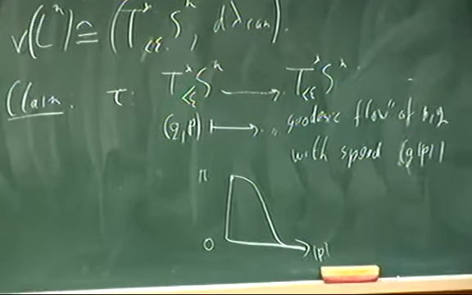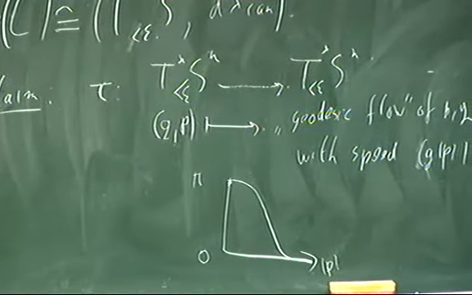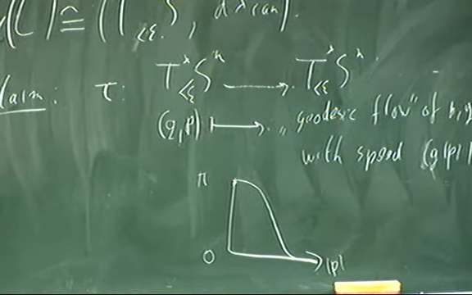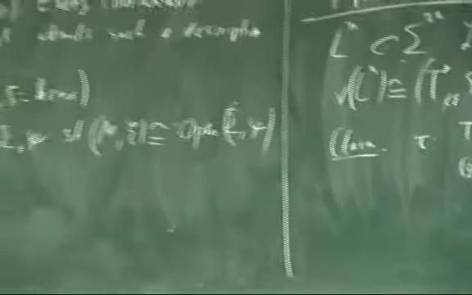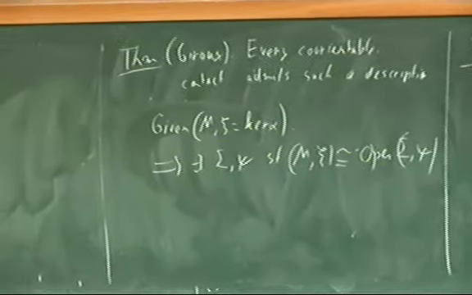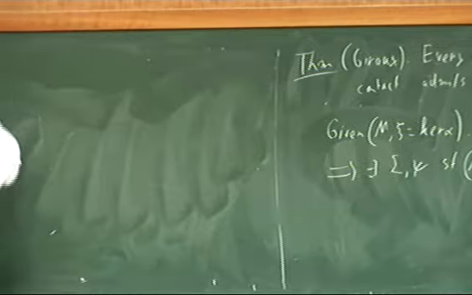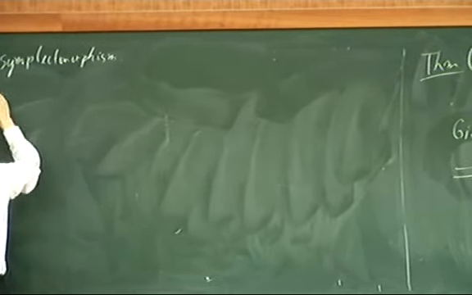This tau is a symplectomorphism, and it's called the right-handed Dehn twist.